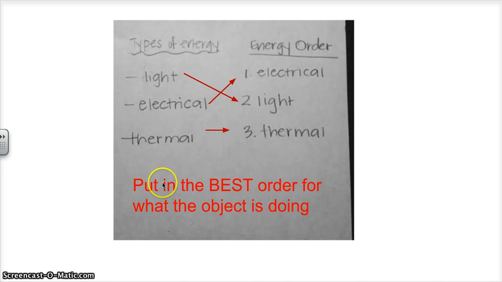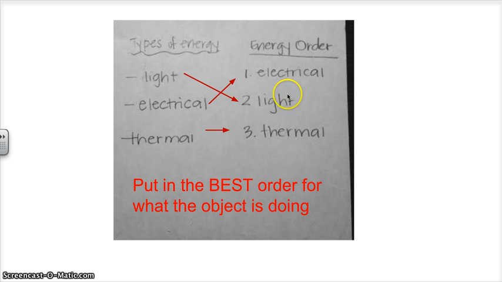Now you need to put the types of energy in the best order for what the object is doing. So you're going to put what you have in your types of energy spot into order from 1 to 3. So what has to happen first? Well, I know that the lamp has to be plugged in, which is electrical.